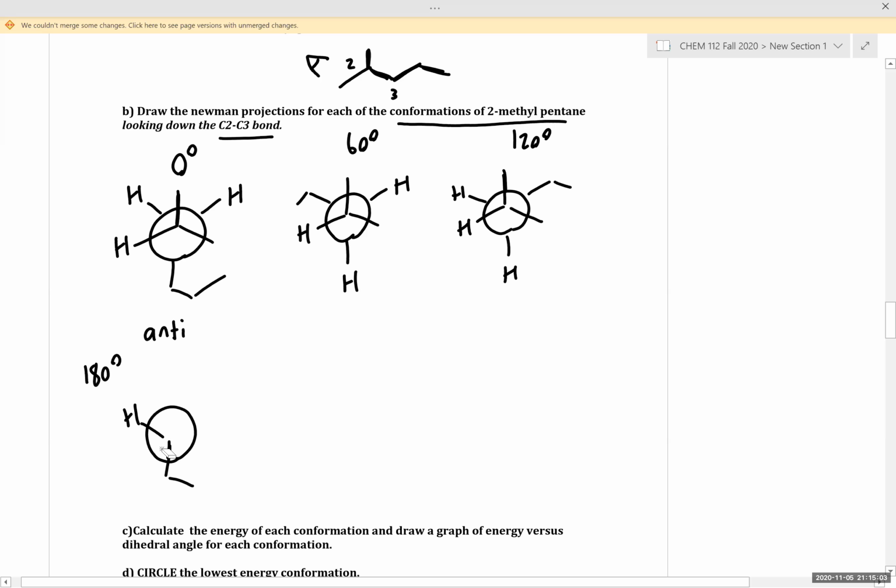Oops. That should be in the back. You keep the front substituents in the same position and you just rotate your back substituents.